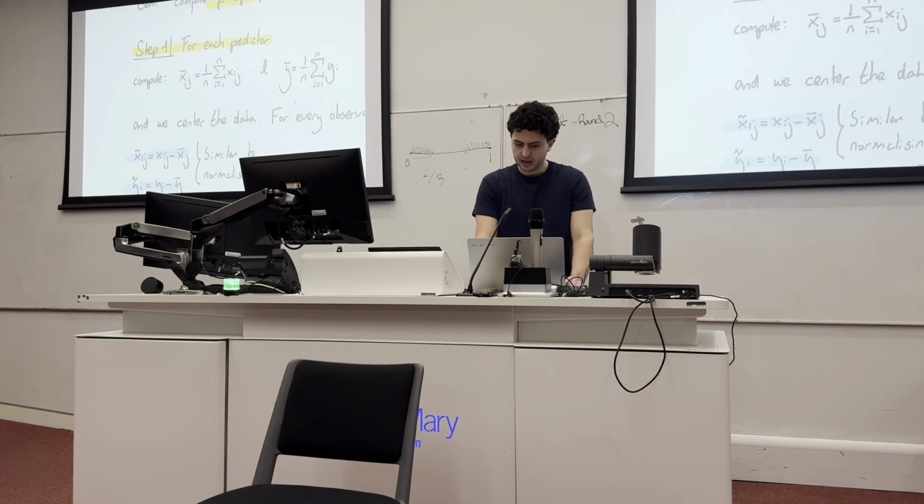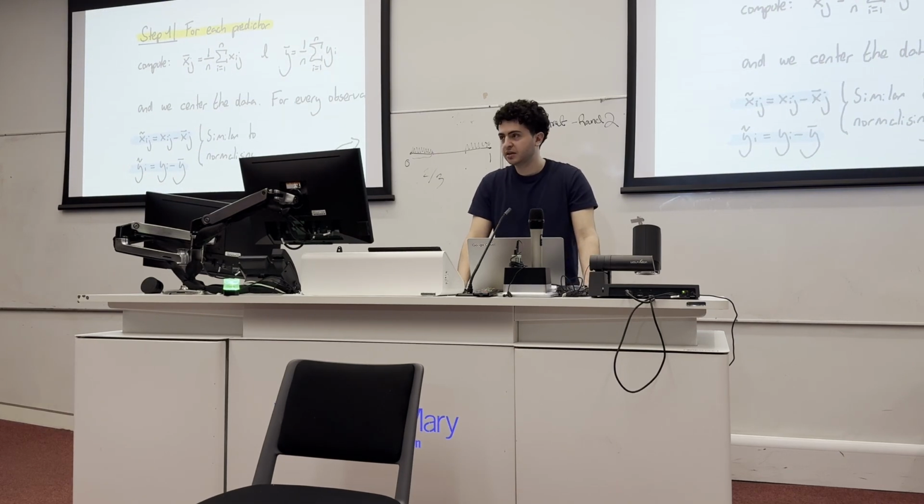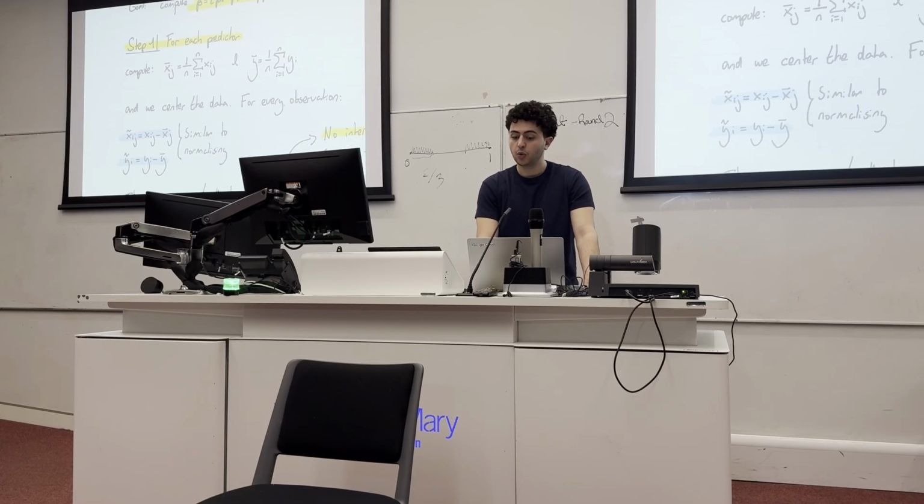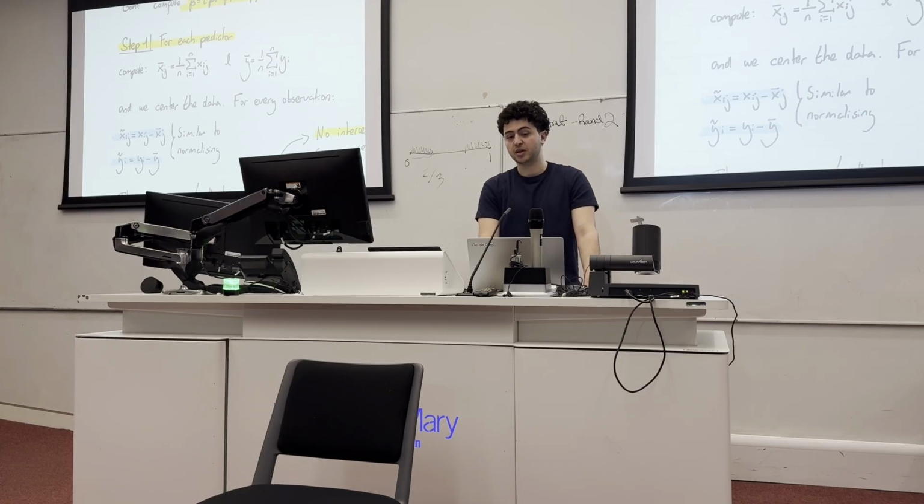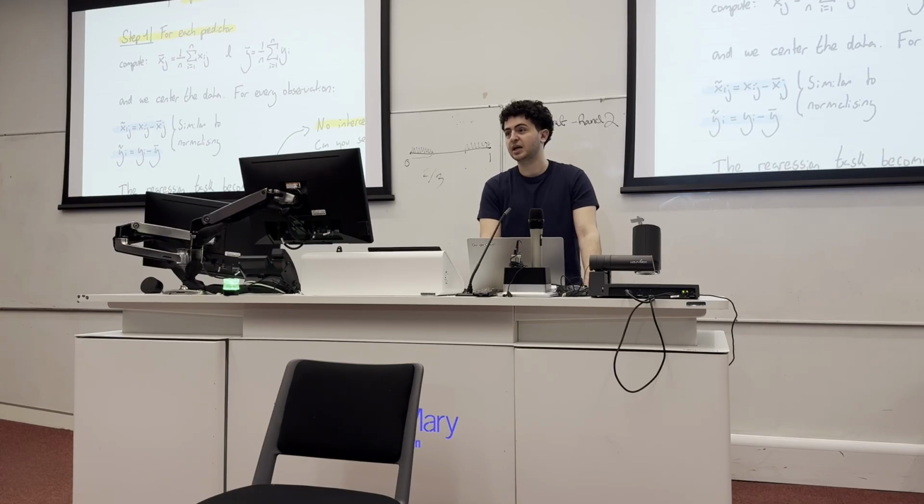So, step 1, we're going to center the data. If you're familiar with normalization, this is very similar. For each predictor, we compute the mean of that predictor, we compute the mean of the target, and for each observation, we subtract the mean. For the houses, you can imagine one column being the number of rooms of each house.